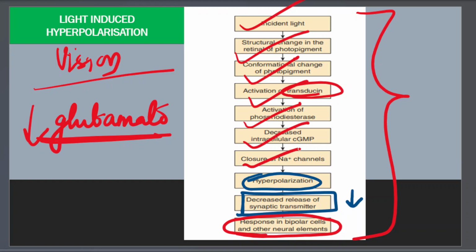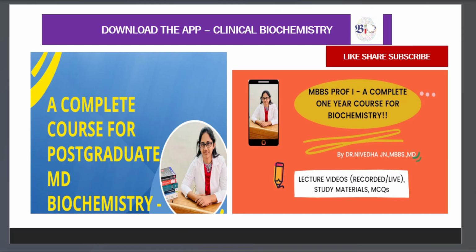That will cause the closure of cyclic GMP dependent sodium channels, which is going to bring about hyperpolarization. Due to hyperpolarization, there is decreased release of the synaptic transmitter glutamate, and that is going to bring about a response in your bipolar cells. So this is all about light-induced hyperpolarization in vision. Hope you understood.